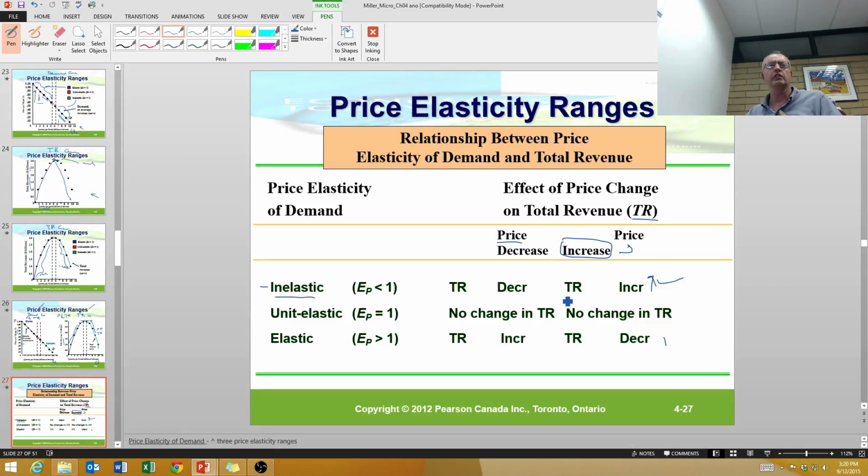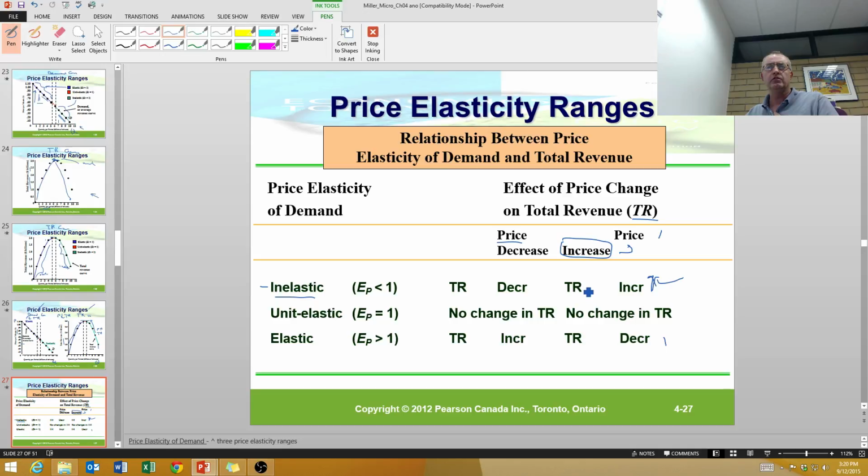In the inelastic section of the curve, price and total revenue are directly related. So as price increases, total revenue, I've got it mixed up here. I can't read this chart.